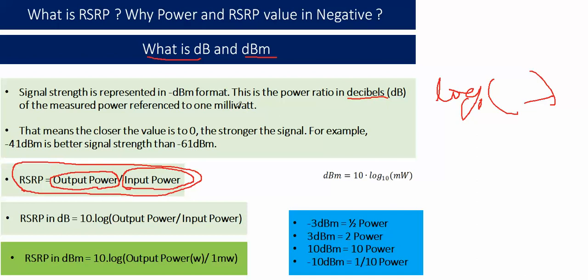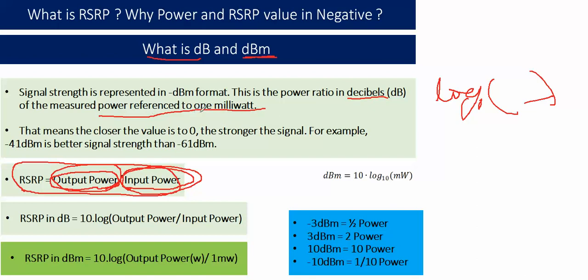And what is dBm? dBm is power measured in decibels, but with reference to 1 milliwatt. That means the input is 1 milliwatt, and we see what output is received.